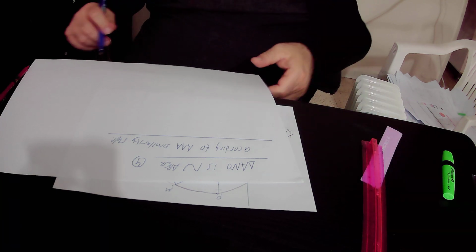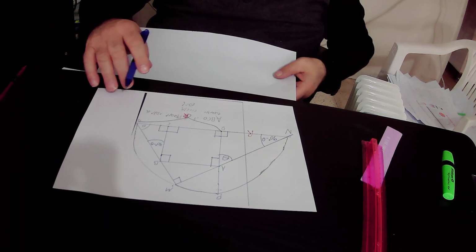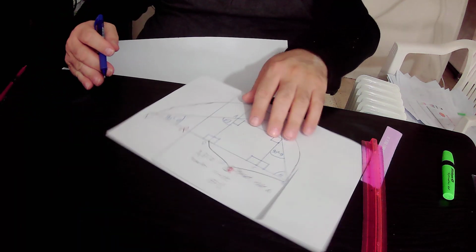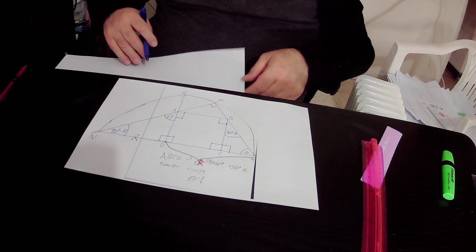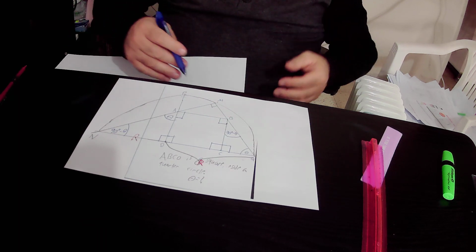Okay, and from the fact that those two triangles are similar to each other, we conclude that the following relationship exists between their sides.